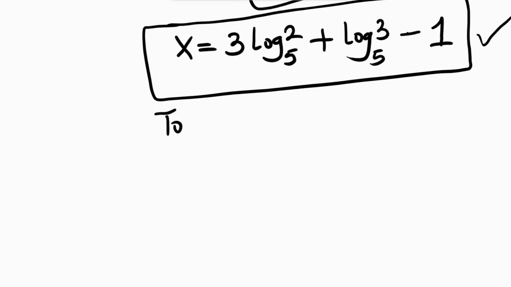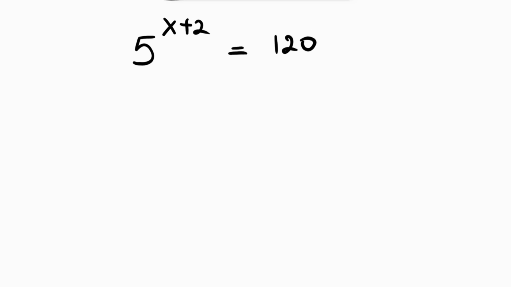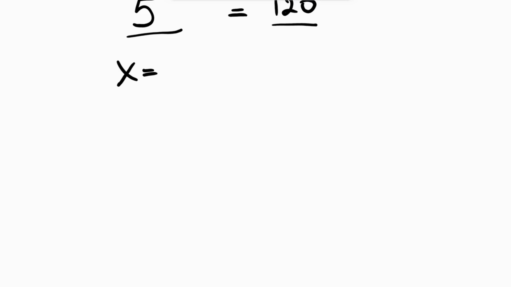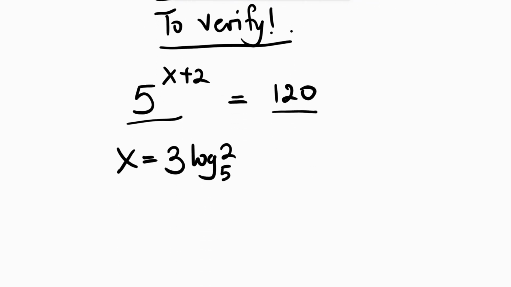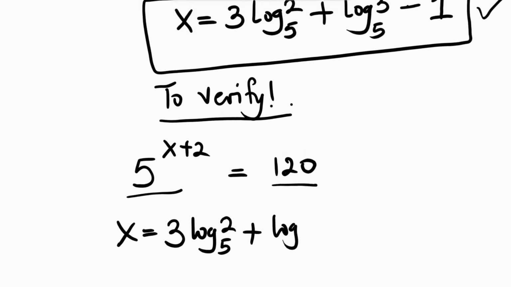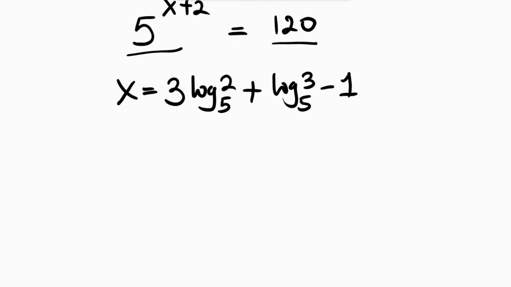So now we're going to go ahead and verify to confirm that our answer is correct. The question states 5 raised to the power x plus 2 is equal to 120. This is what we're going to prove, that the left hand side is equal to the right hand side. Our x is 3 log of 2 base 5 plus log of 3 base 5 minus 1. So let's plug all this into x.